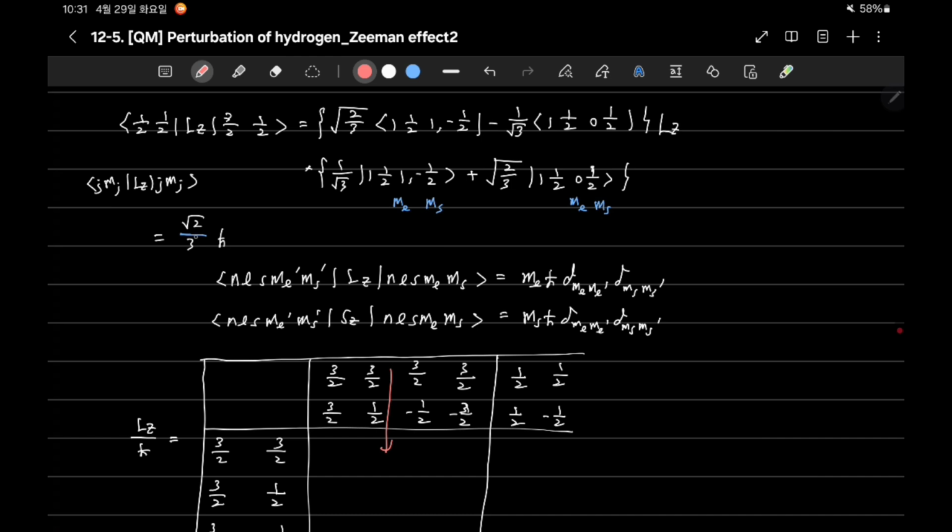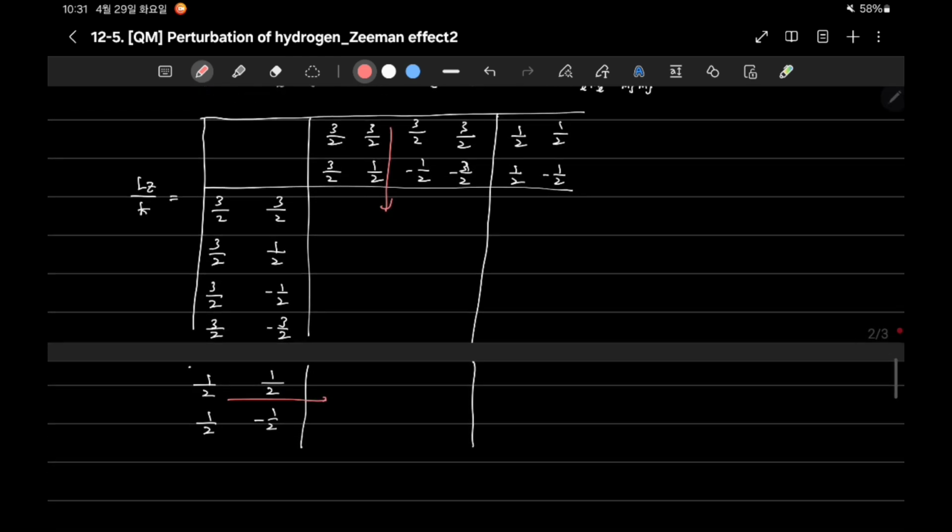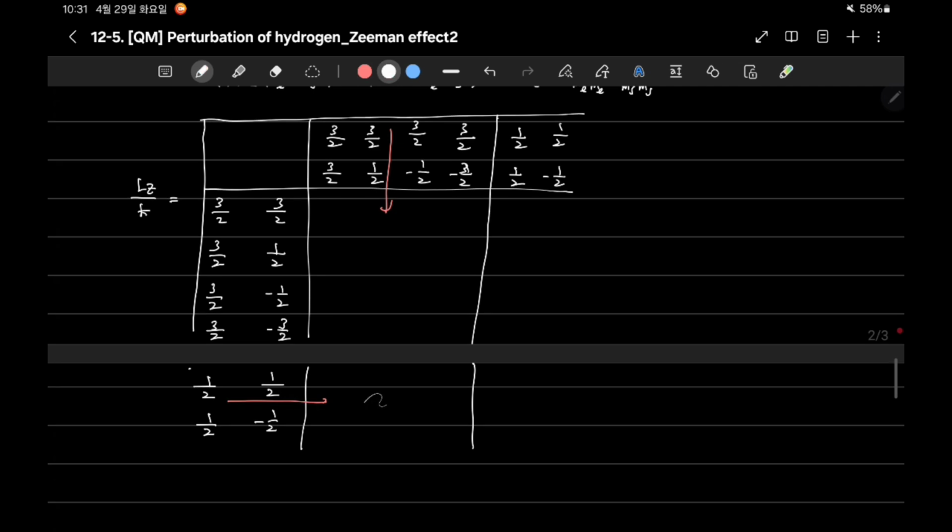In this line, the coefficient is like this. So it is kind of square root 2/3, like this.